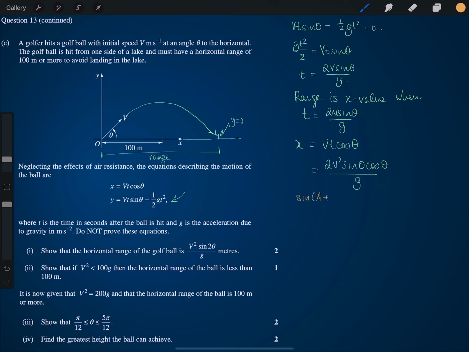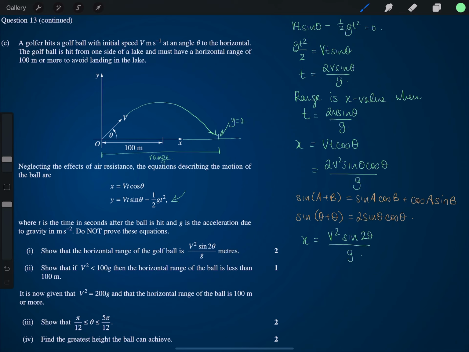Now, if we look at that, that looks an awful lot like our double angle formula. It's probably easier to not even remember the double angle formula, but instead to think of the sum of two angles. And so we've got sine 2 theta, essentially, is 2 sine theta cos theta. And so x is v squared sine 2 theta on g.